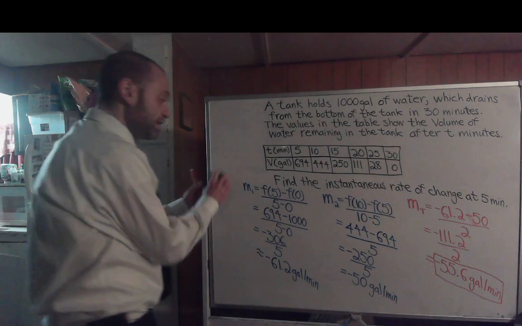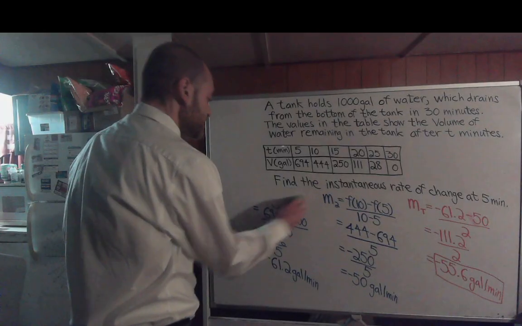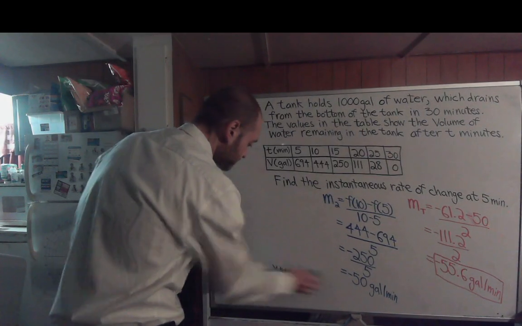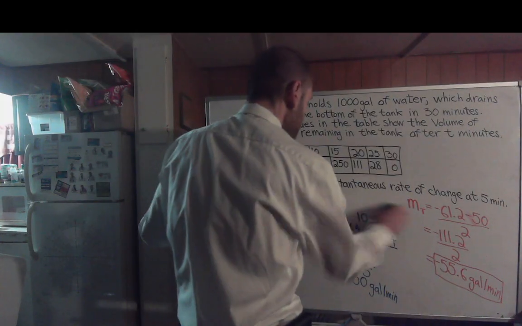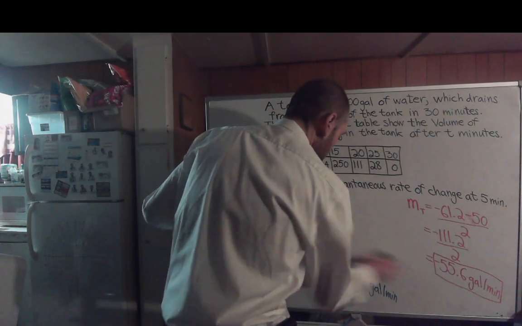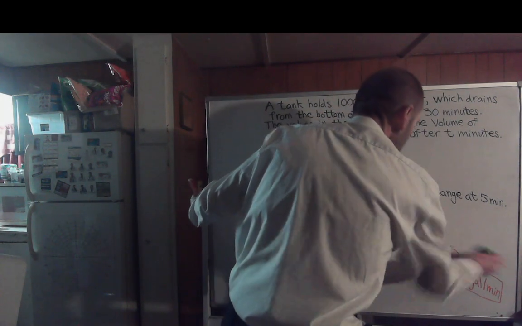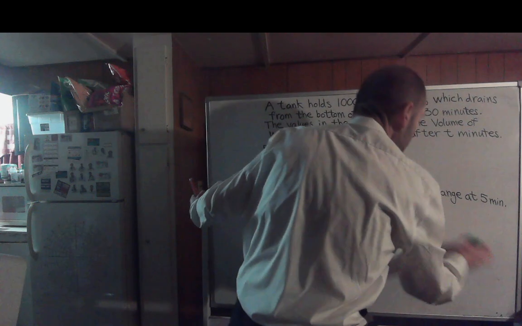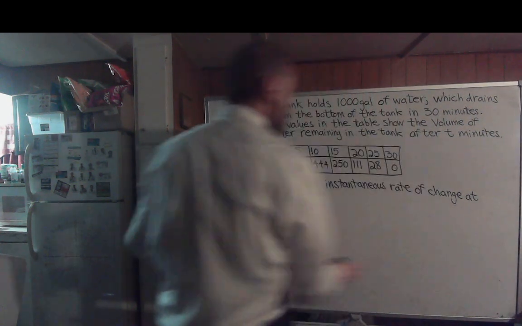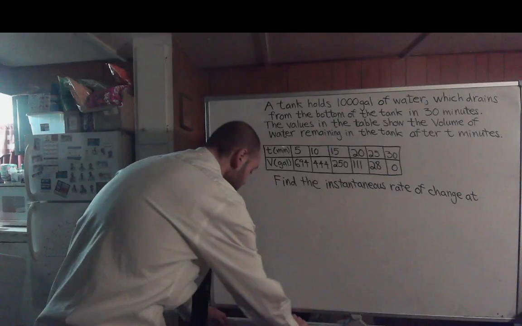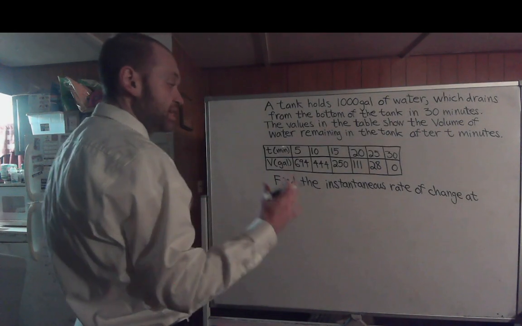Now, let's change this a bit here. What if this time I wanted to find it at 20 minutes? So let's say I find the instantaneous rate of change at 20 minutes.